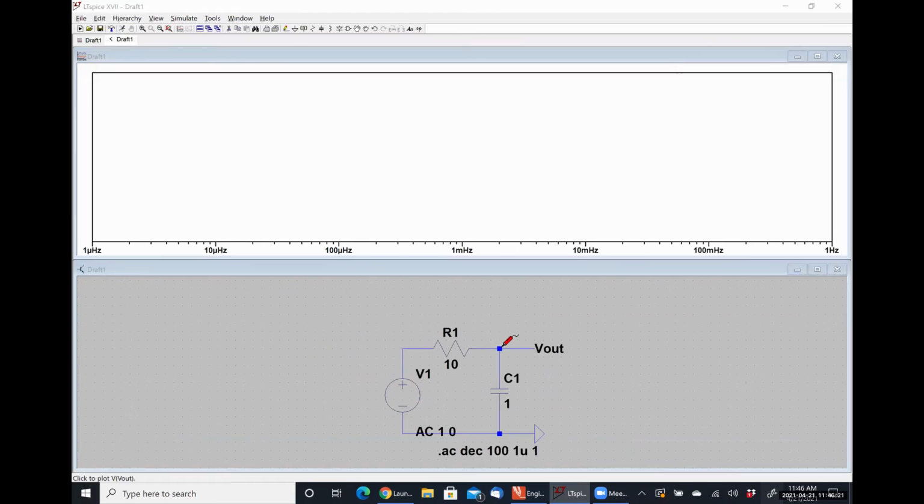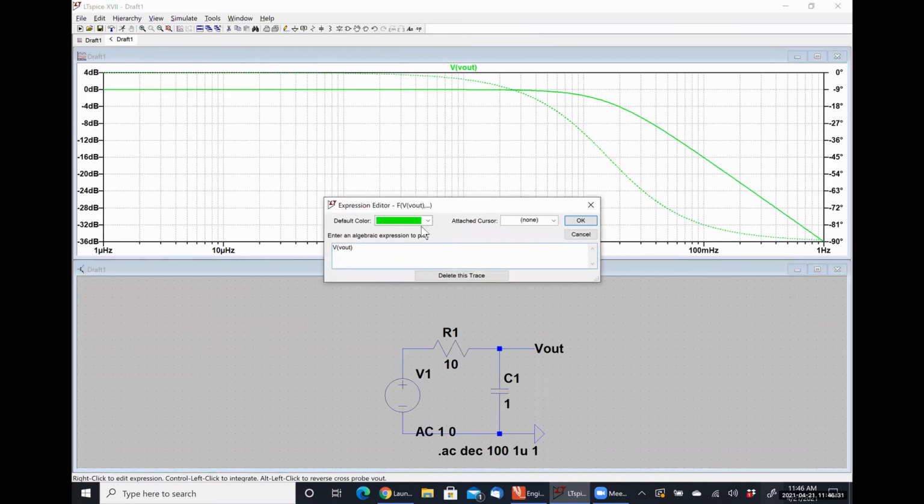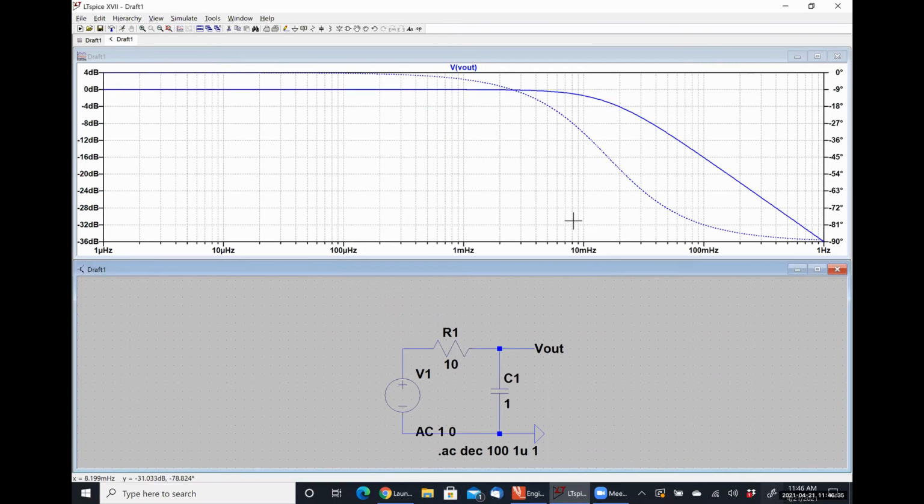And so now, because I've chosen my input voltage to be 1, my output voltage is the exact same thing as my transfer function. And let me make this to be not green so that it's more easily visible. So the solid line is my frequency response. The dashed line is my phase response.